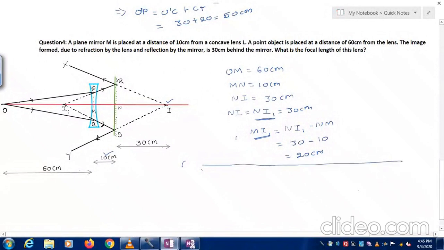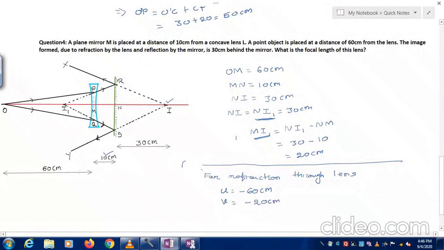So see, for refraction through the lens, here object distance U is equal to minus 60 centimeter, image distance V is equal to minus 20 centimeter, because both are at the left side of the lens.